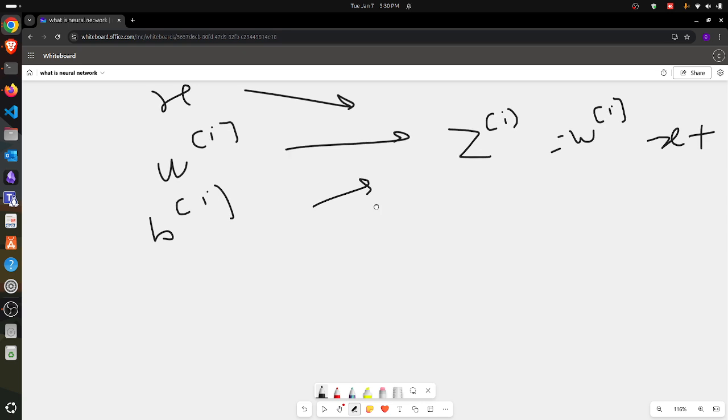So this is the normal equation, and remember this thing is going to be different than this thing, alright, like notations.